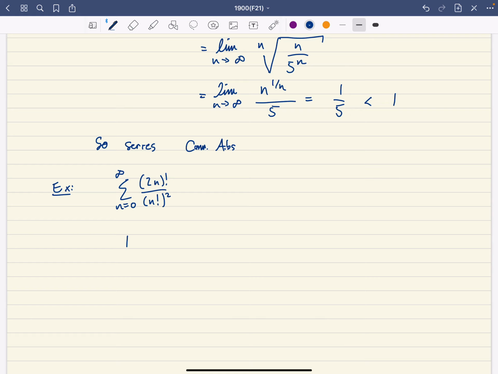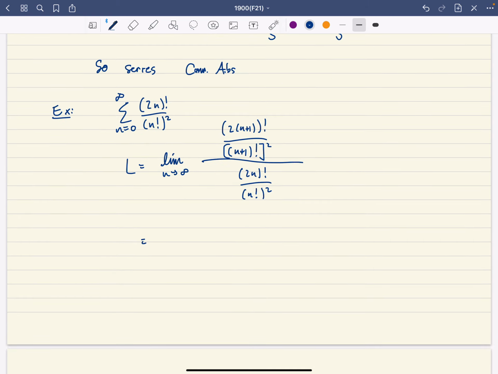So let's look at the limit as n goes to infinity. Notice that I don't have any powers of -1, so I don't even need the absolute values. We're going to end up with (2(n+1))! over ((n+1)!)^2 divided by (2n)! over (n!)^2.